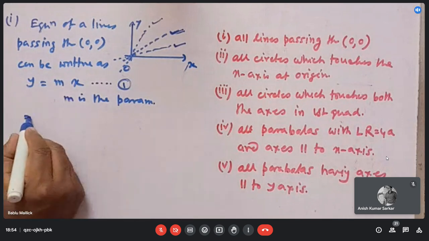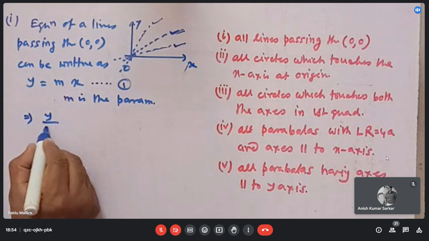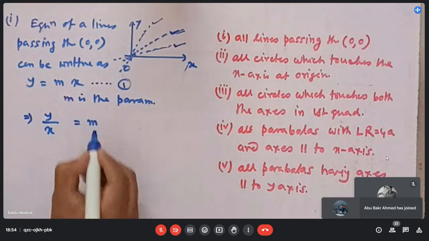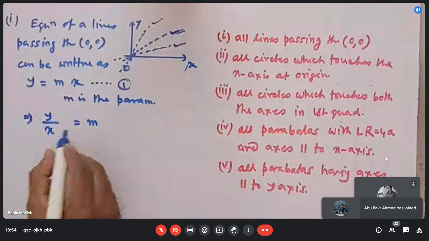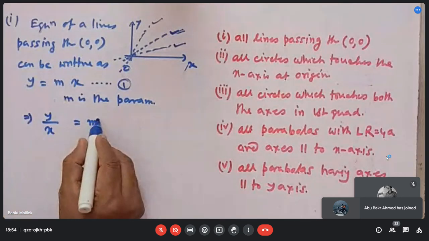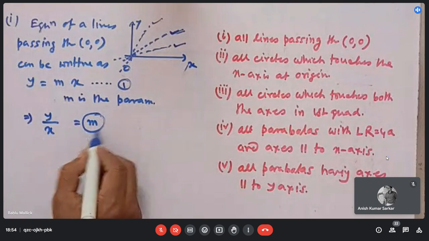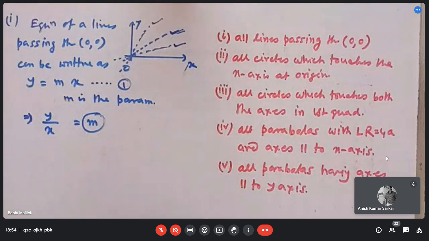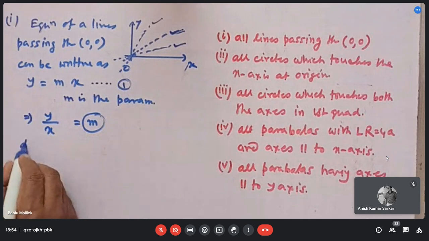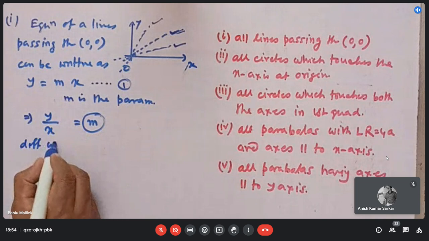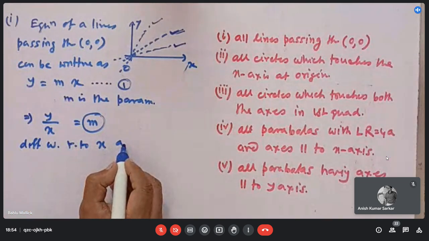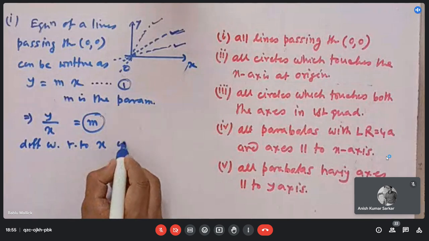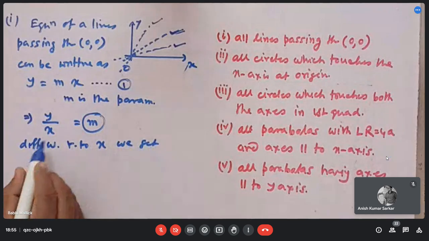For this I shall write it. We can write it as y by x is equal to m. Now if we differentiate, then automatically m will vanish. Write, differentiating with respect to x we get: what are we getting?